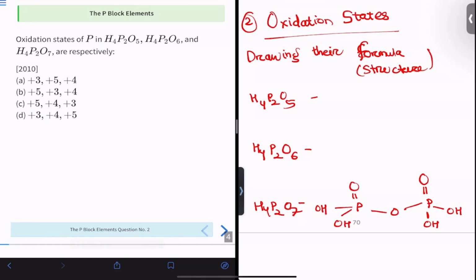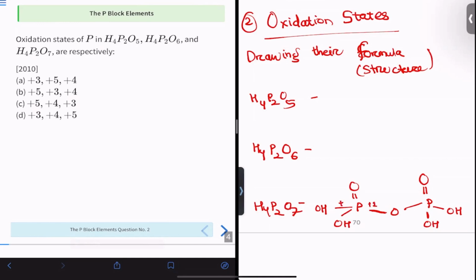H4P2O7. So what is the oxidation state of phosphorus here? Here, P is in a single bond with oxygen, so from here it is getting +1. From this bond, it's getting +1.